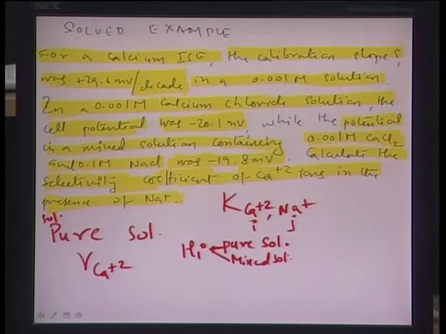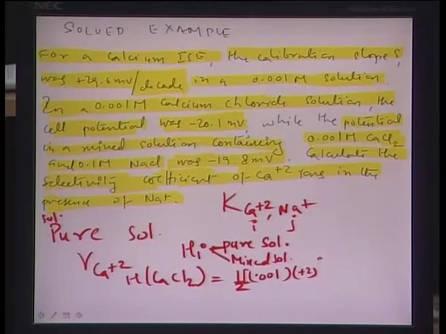So, the ionic strength of CaCl2 is half sum of CiZi square, where Ci here is 0.001 if it is a pure solution, times plus 2 square, the valency on the calcium being plus 2, plus the chlorine.